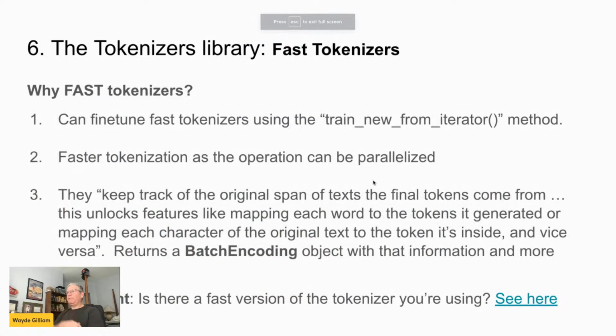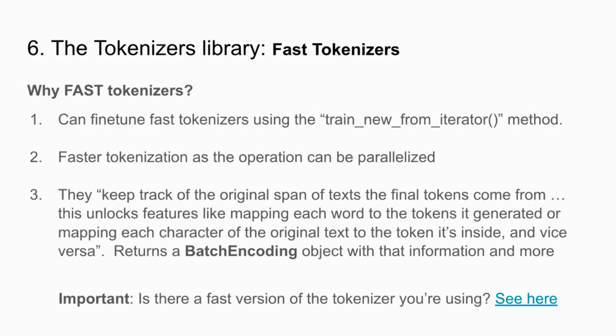Cool. All right. So the next thing that's heavily discussed and is used throughout Section 6, and also into Section 7 when they start looking at particular tasks, is that there are 2 types of tokenizers: fast tokenizers and slow tokenizers.